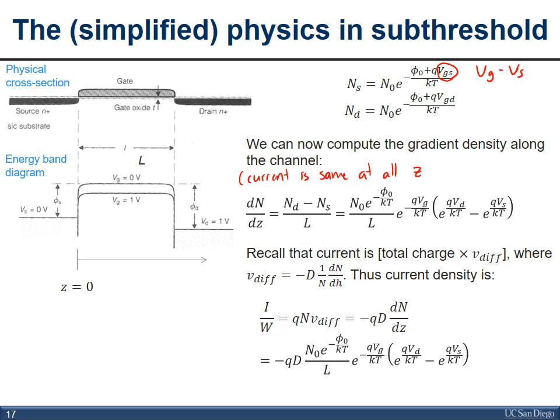All distances Z, where Z equals 0 is the start by the source here, and Z equals L is the end of the channel. So what this means here is that N must be a linear function of Z. So dN dZ must be a constant then, and it's the density at the drain minus the density at the source over the channel length, right?